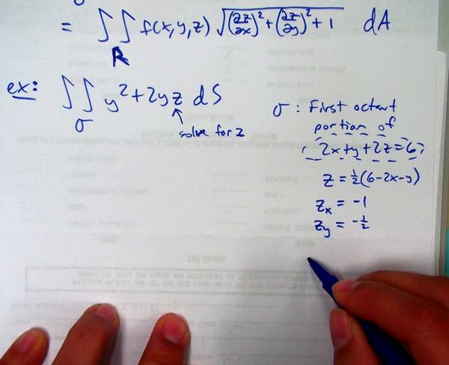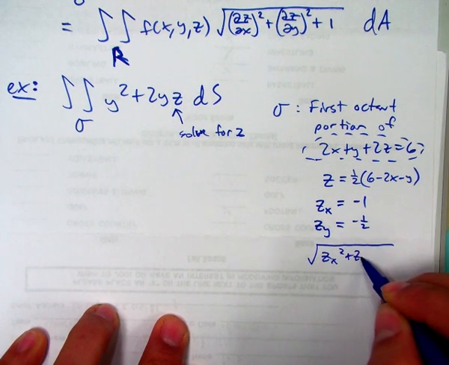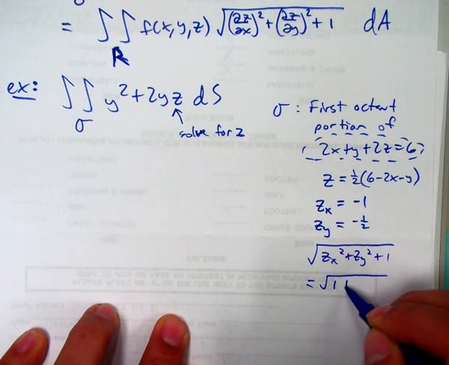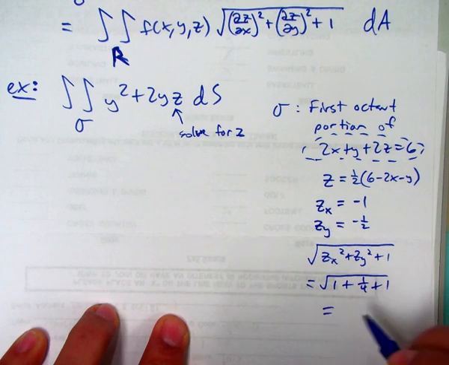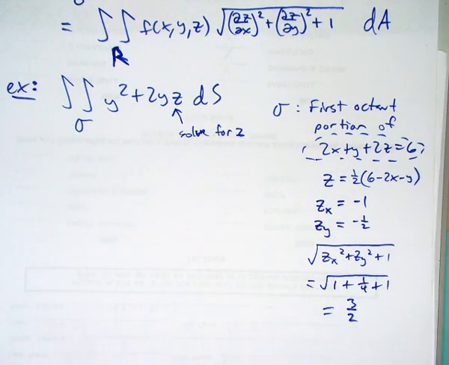So the square root of partial x squared plus partial y squared plus 1 is just going to be the square root of 1 plus 1/4 plus 1, which is 9/4, so 3/2.